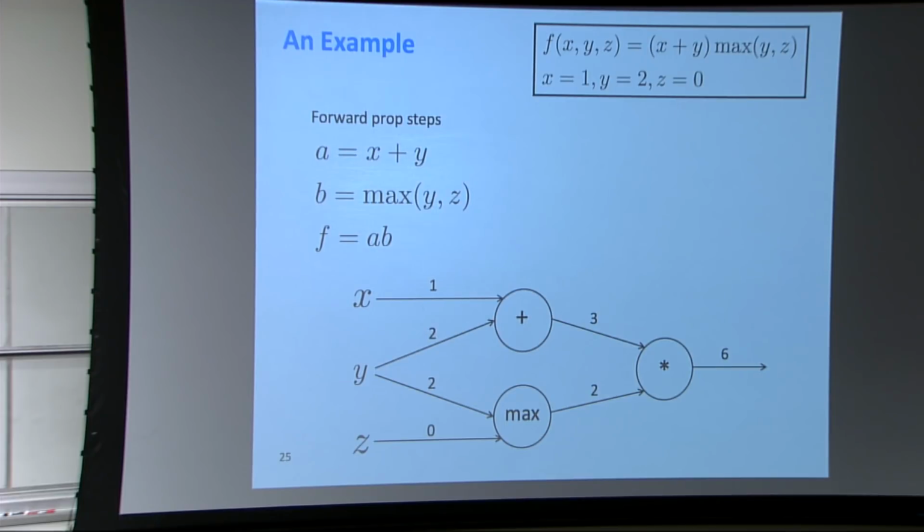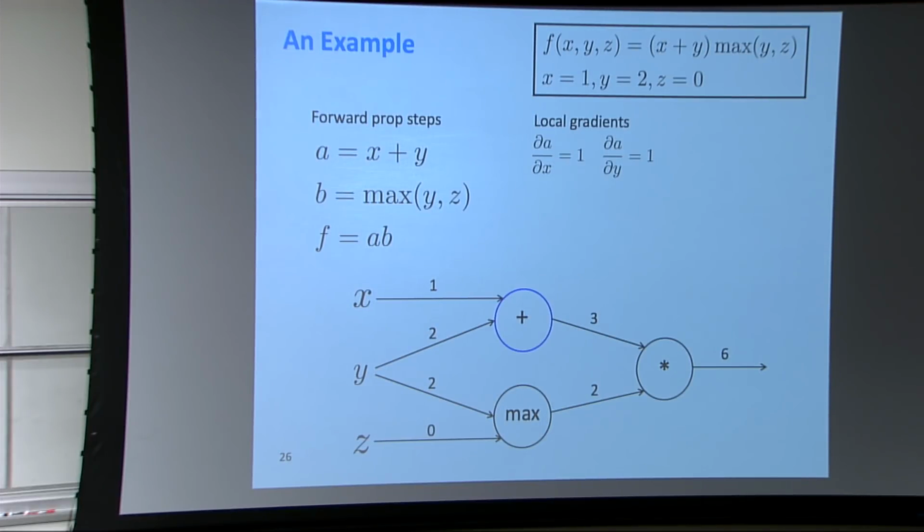The first thing we do is add, and the result of that is 3, so we put that onto the arrow that's the output of add. Max of y and z is 2. Times is 6. And so in the forward pass, we have evaluated the expression, its value is 6. That wasn't hard.